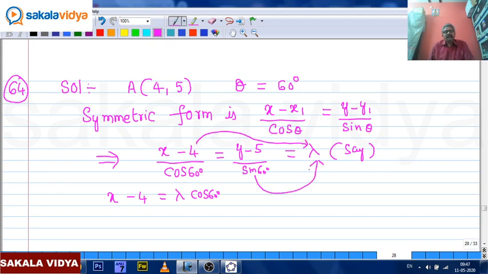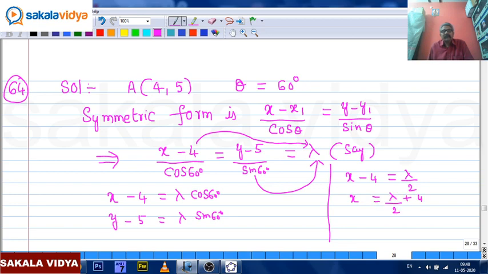Next, equating these two, y minus 5 is equal to lambda into sin 60. So now we get x minus 4 is equal to, cos 60 is 1 by 2, that is lambda by 2. So x is equal to lambda by 2 plus 4, and y minus 5 is equal to root 3 lambda by 2.